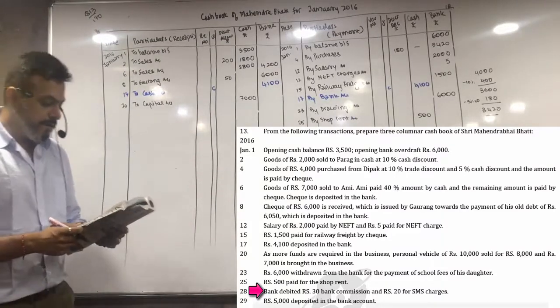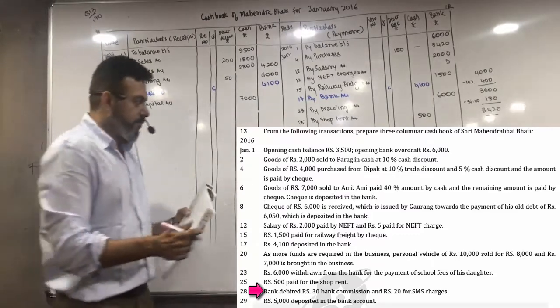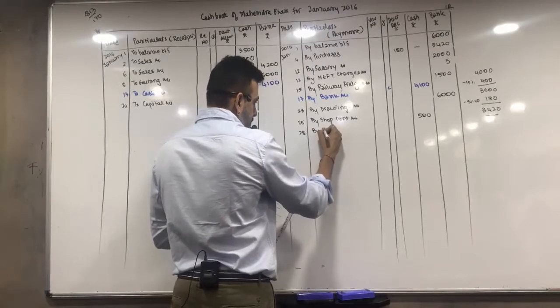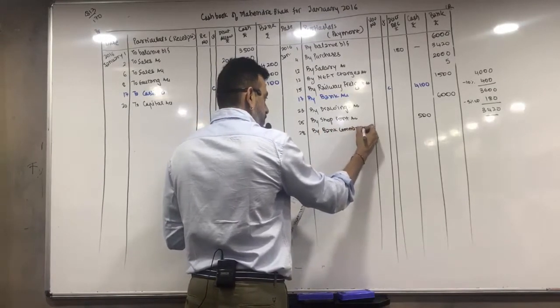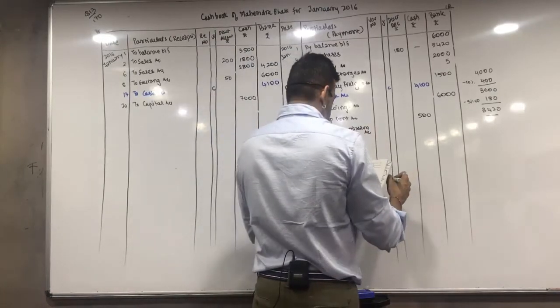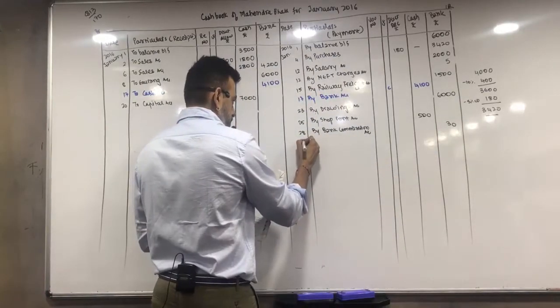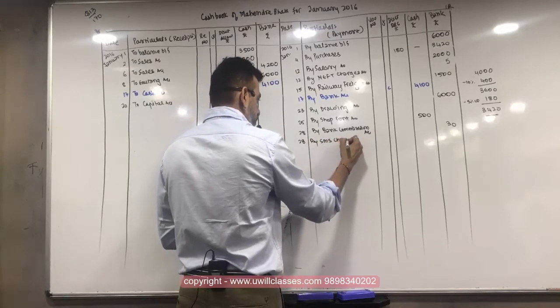So payment side, 30 for bank commission and 20 for SMS charges. 28, by bank commission. Third, 30, by SMS charges.